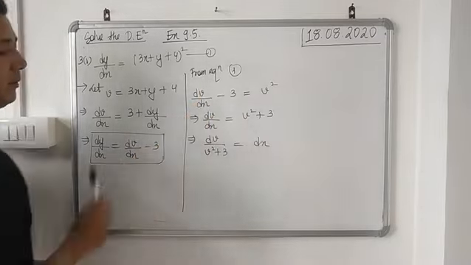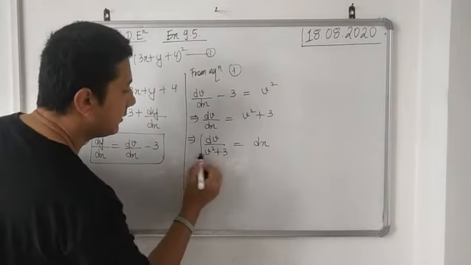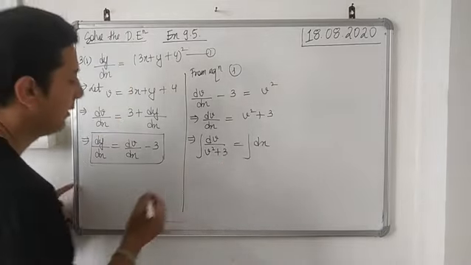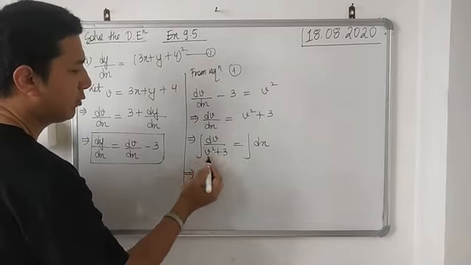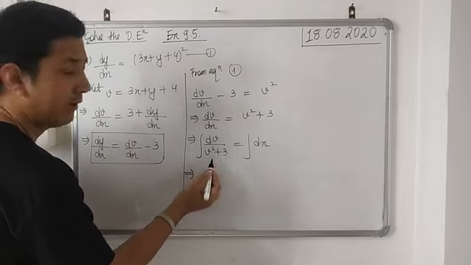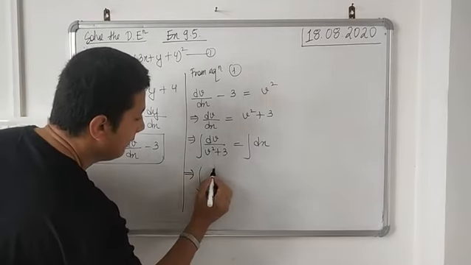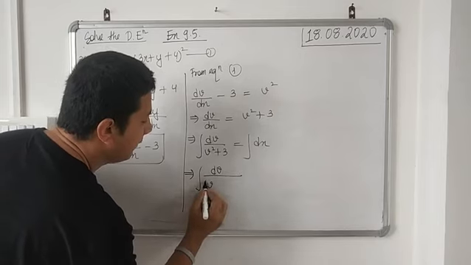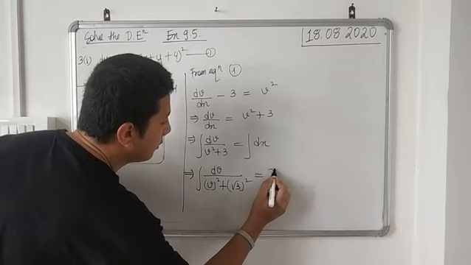Now it is easy for us to separate the variables. So v on one side, x on the other side. Once it is done, please take the integration sign. Okay, now this integral is very easy, but this one also we can make in standard form if I write 3 as root 3 whole square, right? So therefore this will be dv by v square plus root 3 whole square, which is equal to x.